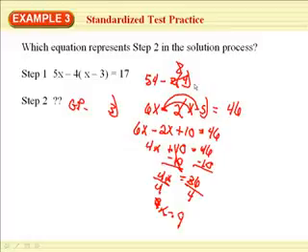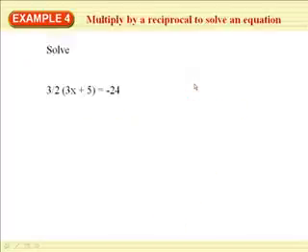Awesome. All right, the next example talks about using reciprocals. Okay, this problem, check out this problem. There are parentheses, but look at this. We have a 3/2. Sorry, I couldn't write the fraction the way I normally do when I'm typing it in there. I don't know about you guys, but I'm not really excited about multiplying with fractions. If this is the distributive property, you would have to take this times this, this times this.